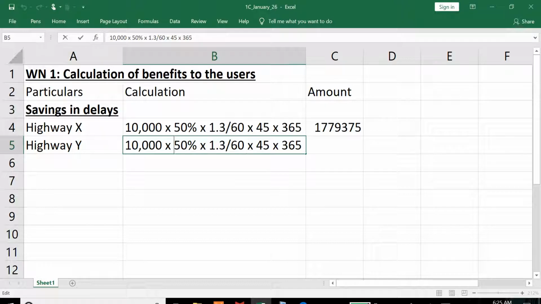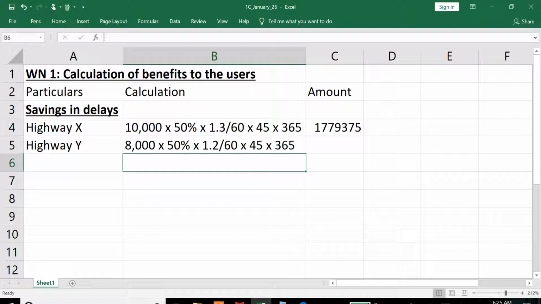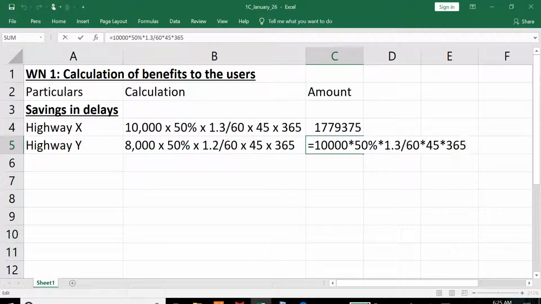Broadly same thing, but it is 8,000 vehicles now. And the delay is not 1.3 minutes, the delay is only 1.2 minutes. 8,000 vehicles into 50% into 1.2 by 60 into 45 into 365.